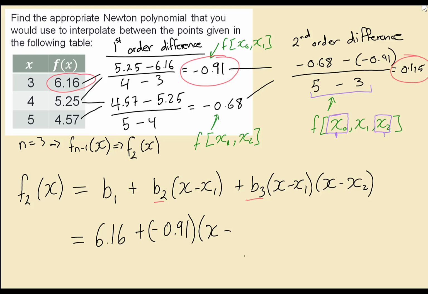In this case, x1 is the value that we see here. So this is x1, x2, and this is x3. So for x1, we're just going to have minus 3, plus b3, which is 0.115, times x minus x1, which is again 3, times x minus x2, which in this case is 4.